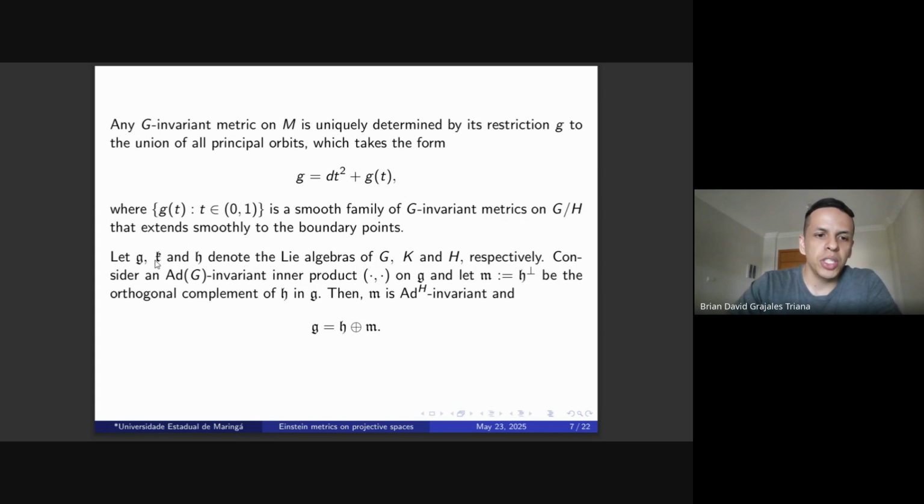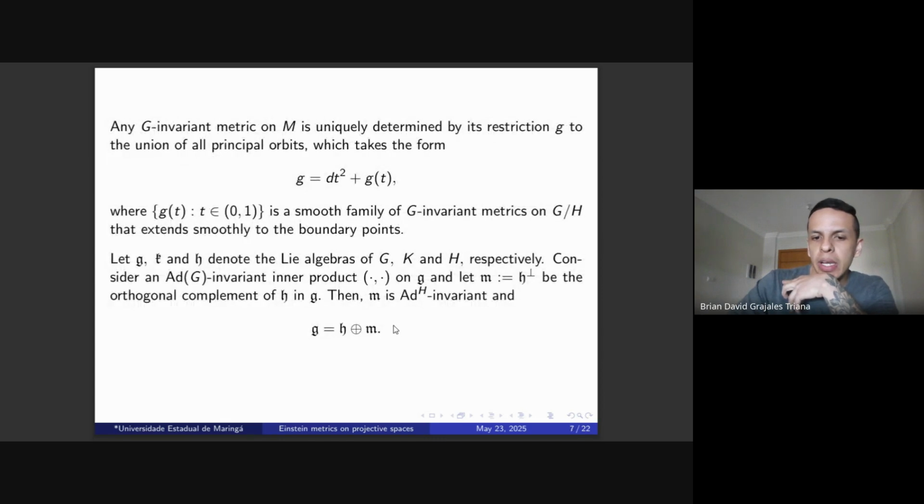If you consider the corresponding Lie algebras of the groups G, K, and H, respectively, you can construct these invariant metrics by considering a B-invariant inner product on the Lie algebra of G. You consider the orthogonal complement with respect to this B-invariant metric and call it M. Then you have this reductive decomposition, and as we already know, this M is identified with the tangent space of the principal orbit at the point c(t), which is the origin we are considering.